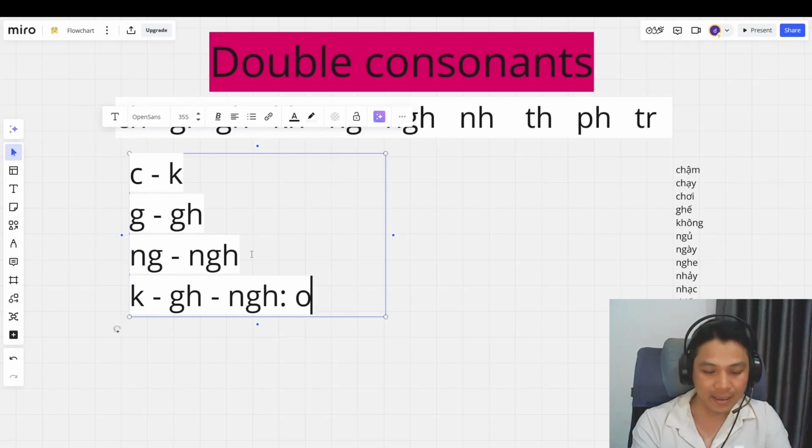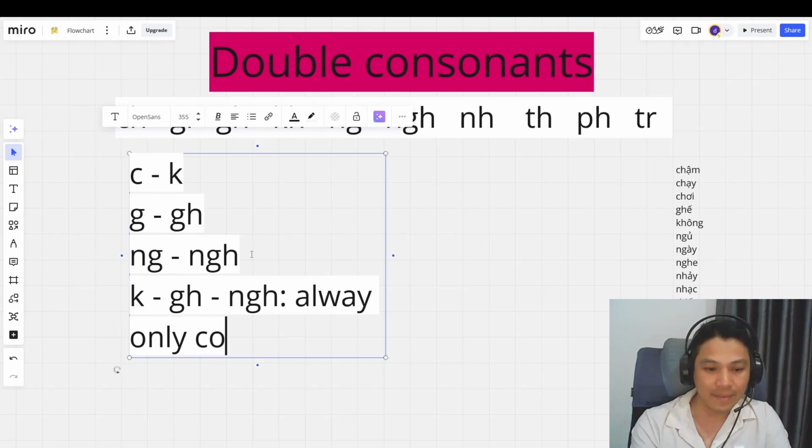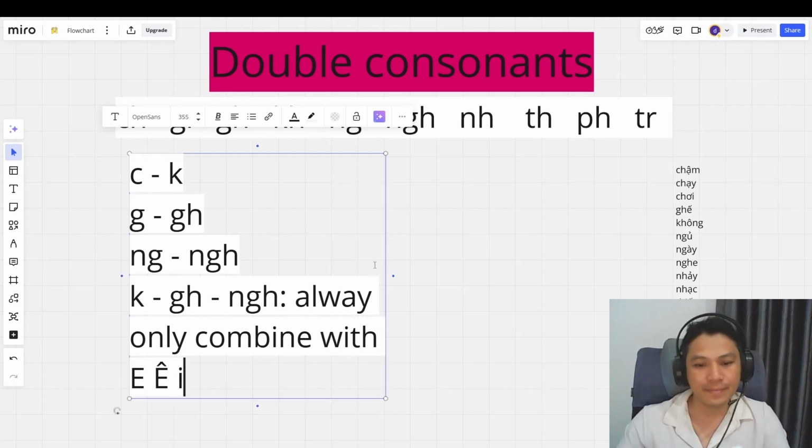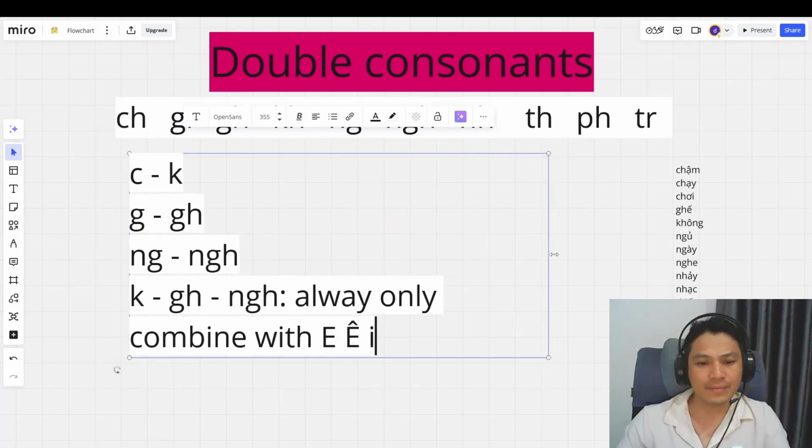And with three of these, g, ga, g dài and ng dài, they're always and only combined with a and e. What does that mean?